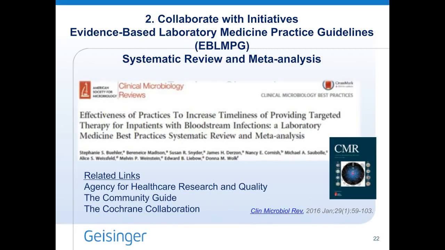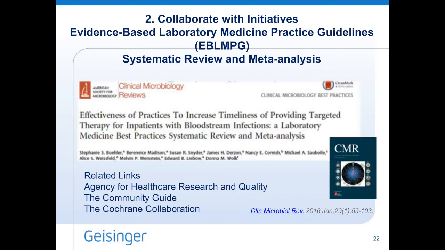And step 2 in this is I urge everyone on the line to collaborate with the national initiatives. There is an ongoing initiative for evidence-based lab medicine practice guidelines that involves a systematic review of the literature and meta-analysis. The first publication was Clinical Reviews 2016.